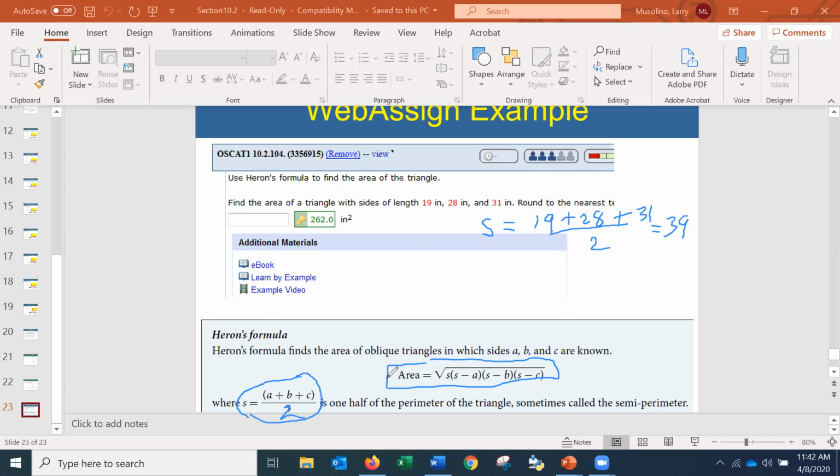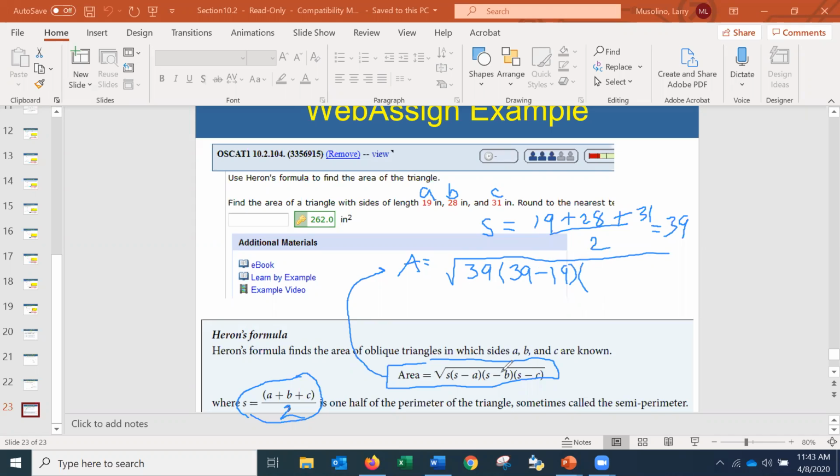Janara, it's good you're keeping an eye on me. So this is 39. All right, now I'm just going to plug into this formula. So the area we want is the square root of 39 parenthesis 39 minus A. Let's just label these A, B, C in order here. So it's going to be 39 minus 19.